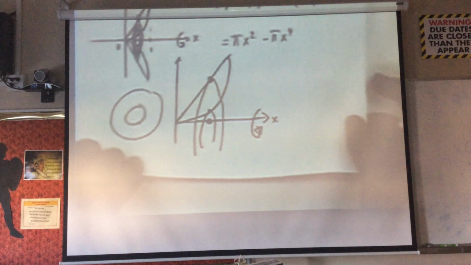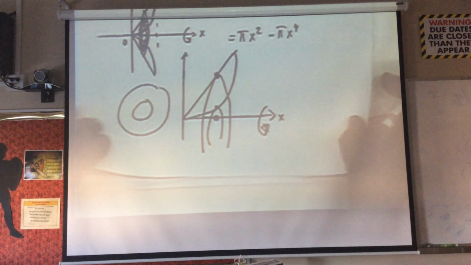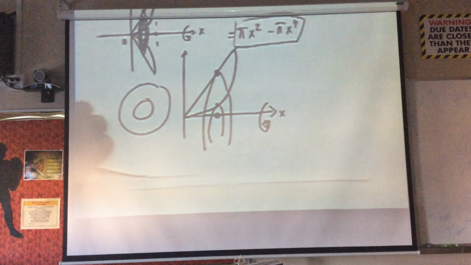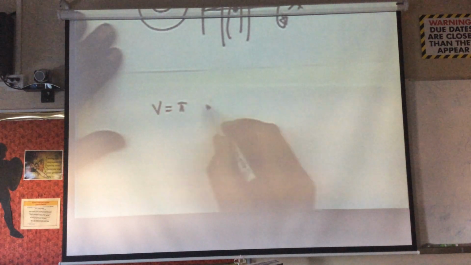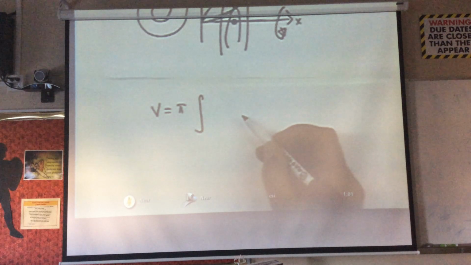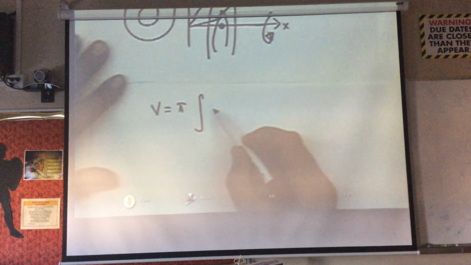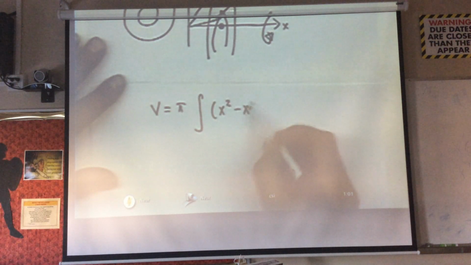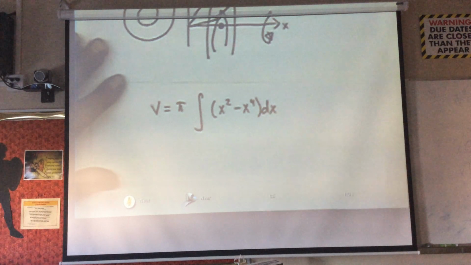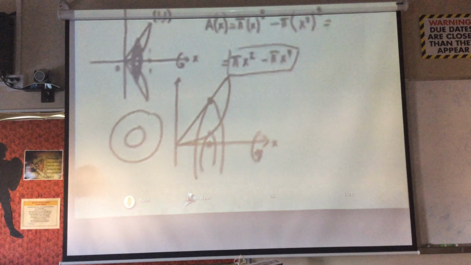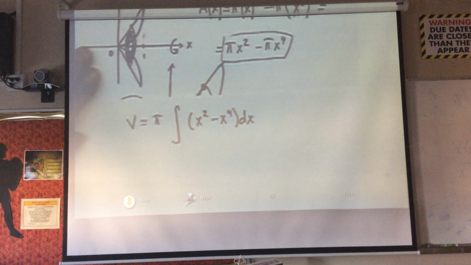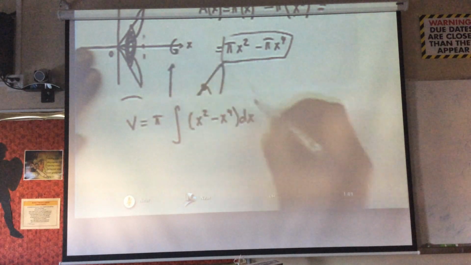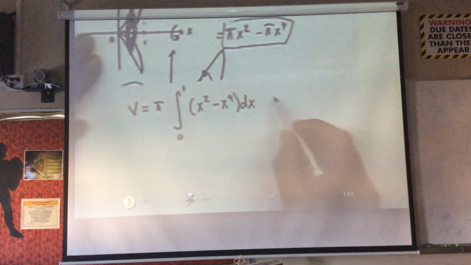So, can we factor out pi? Yes. Here's the function, right? Can we factor out pi? Yes. So we factor out pi, so the volume is pi, integral, and what do we have? x squared minus x to the fourth dx. What about my upper and lower limits? Let's go back. From 0 to 1, right? From 0 to 1.